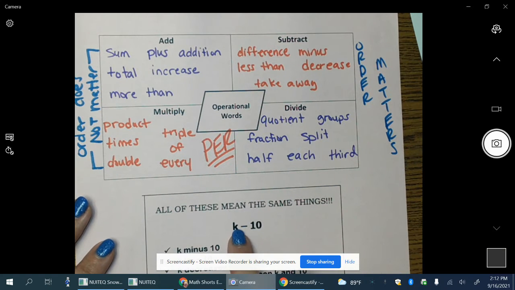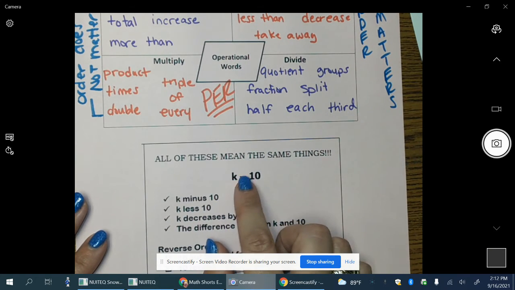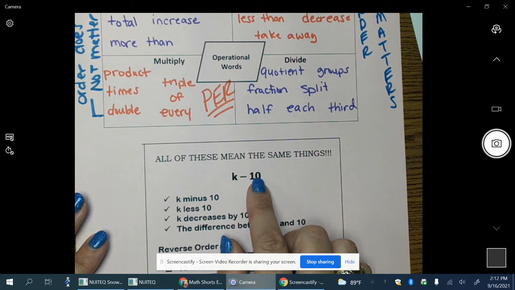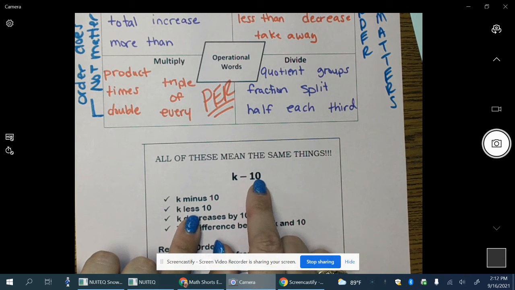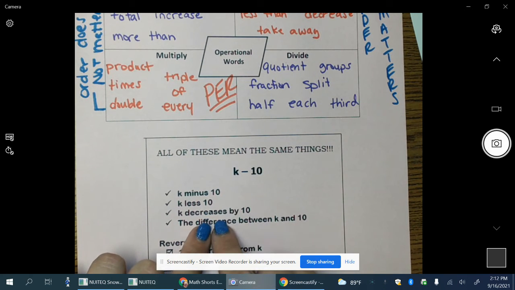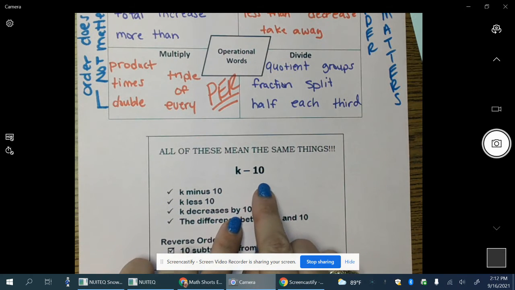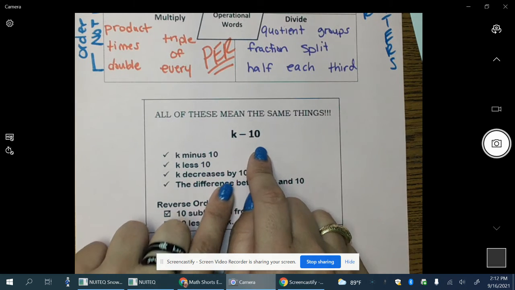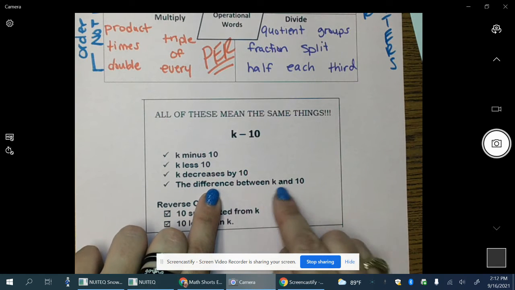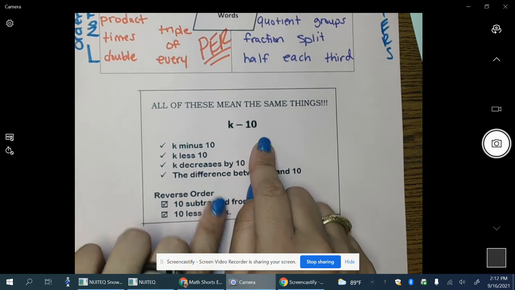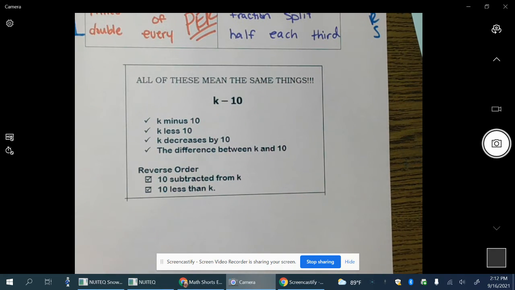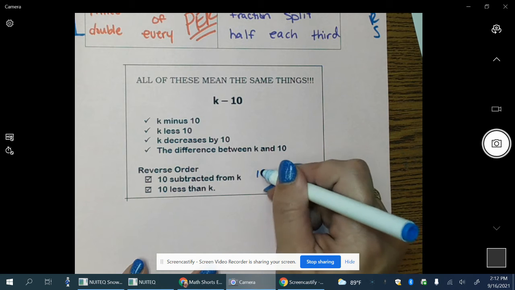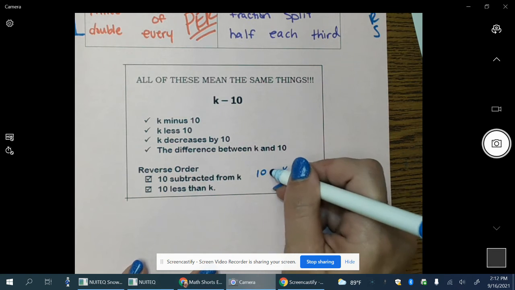Okay? So, this is K minus 10, right? Is it also K less 10? Yeah. Is it K decreased by 10? Yeah. Okay, the difference between K and 10. This is where people get tricked when it says reverse order. You say 10 subtracted from K, so people are like, oh, the 10 and the K, and it says subtract.